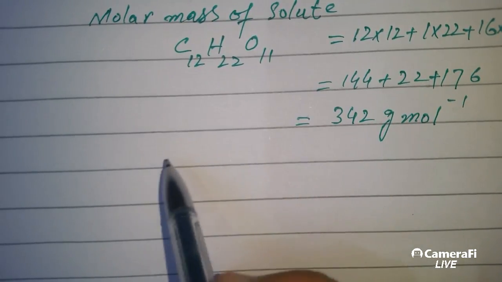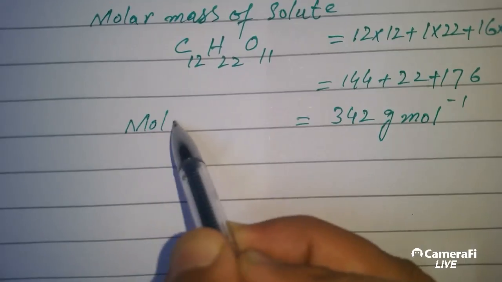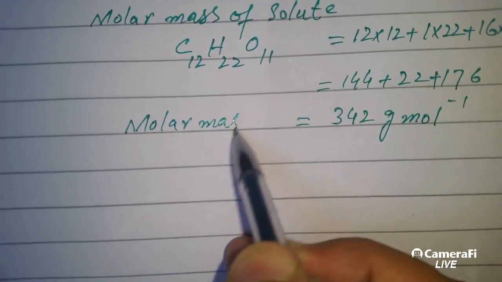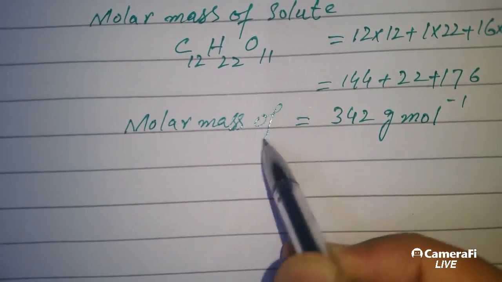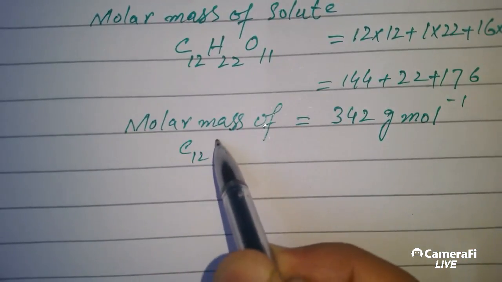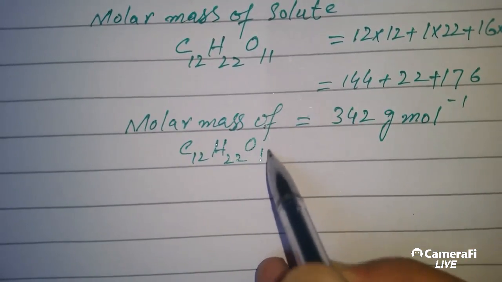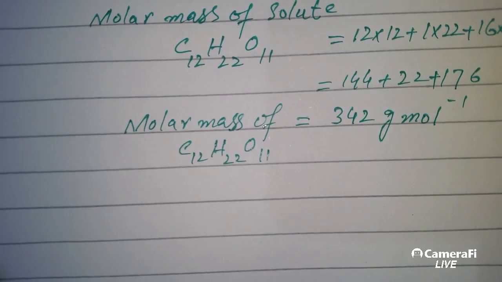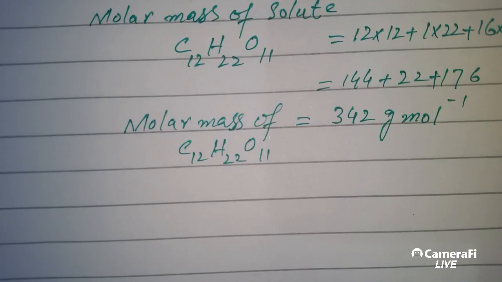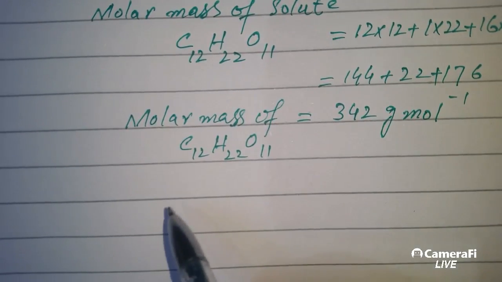As we know that the solution is 1 molar, it means that 1 mole of solute is dissolved in 1 kilogram of solvent. In molality, 1 mole of solute is dissolved in 1 kg of solvent.